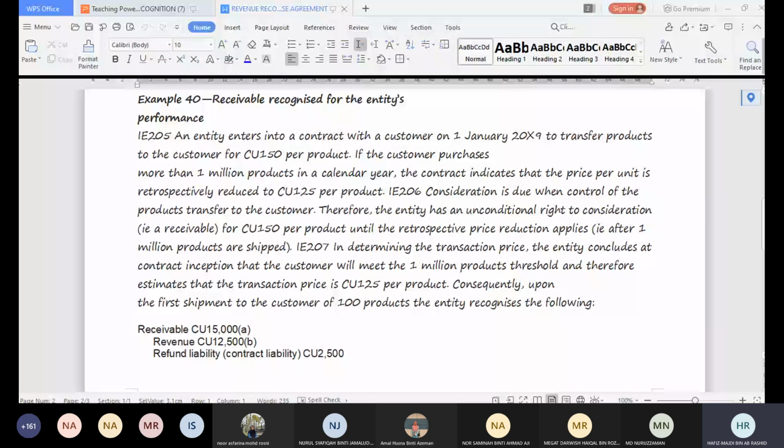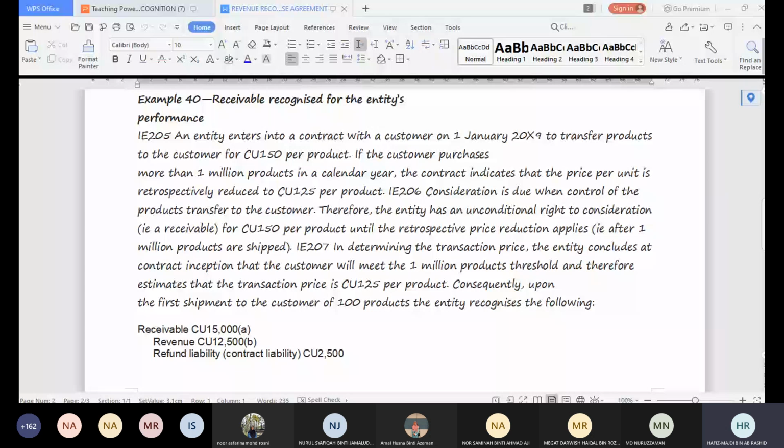An entity enters into a contract with a customer on 1st of January 2019 to transfer a product to the customer for CU, which is the usual monetary unit used in the standard, like ringgit Malaysia 150 per product.